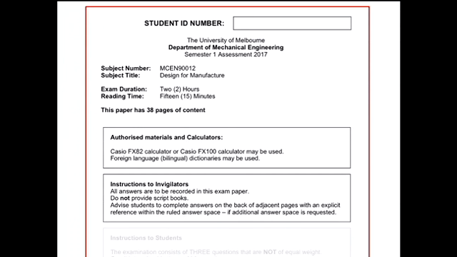For people who haven't done mechanical design third year with me, people might think, 38 pages, that's a lot of pages. It's actually 70 sides of paper. The reason why it's long is that you don't get script books in this subject.